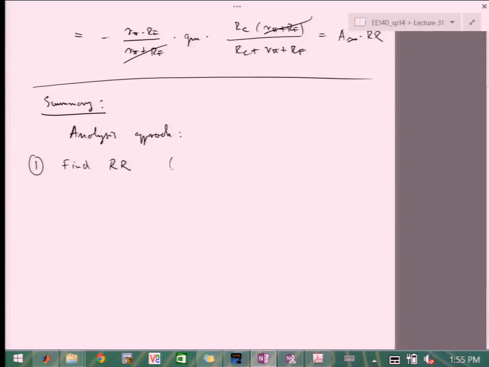The process for that is we cut the loop, insert VT, terminate with what VT sees, calculate VR. That's it.